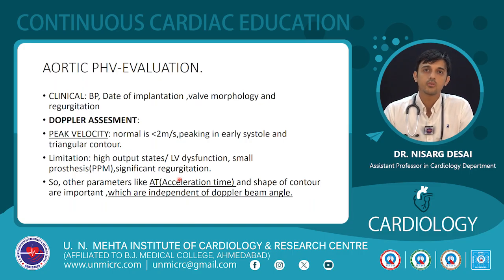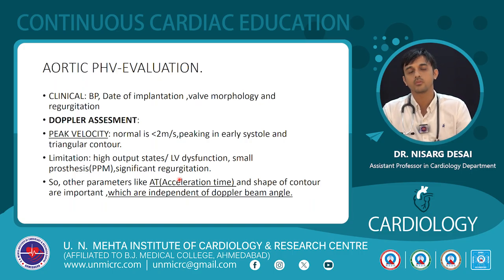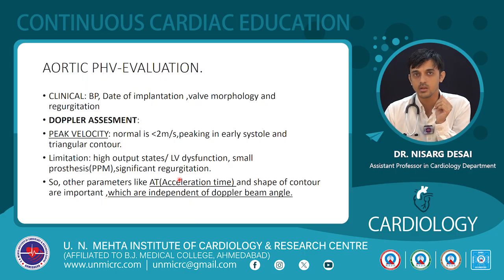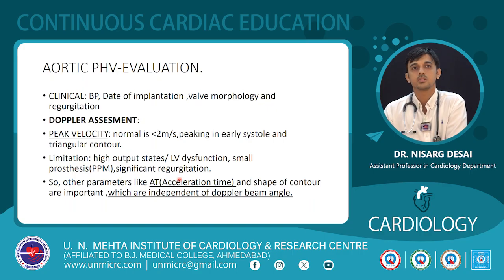So you can have gradients, but the patient may not have anatomical obstruction, or the patient has got significant regurgitation. So all these 3 are the limitations in evaluating an aortic prosthetic heart valve with Doppler with peak velocity and the mean gradient, that is LV dysfunction, high output states, patient-prosthesis mismatch, significant regurgitation.